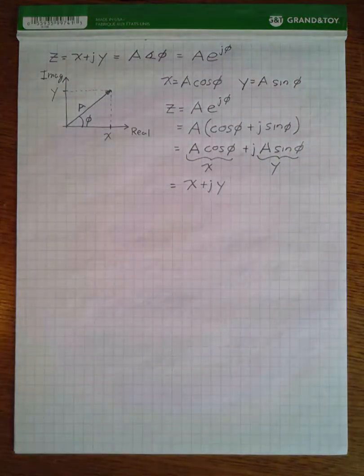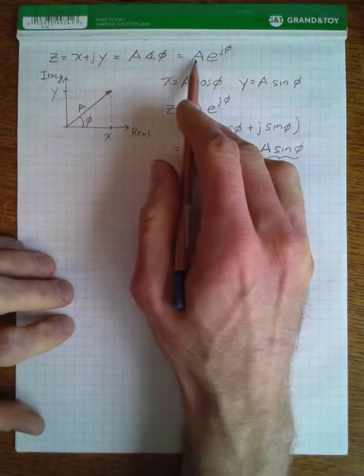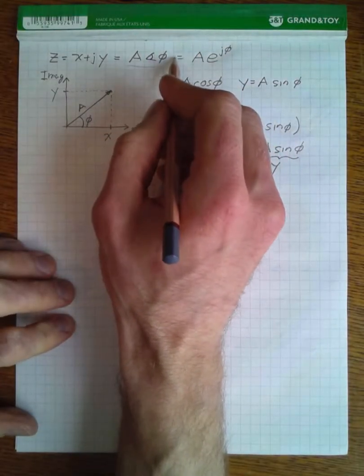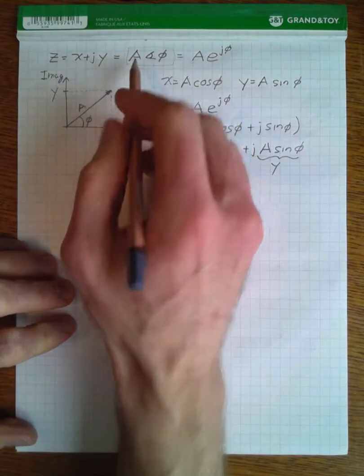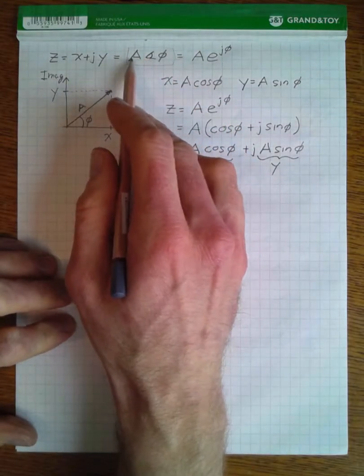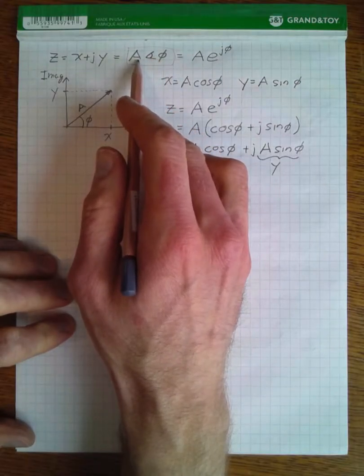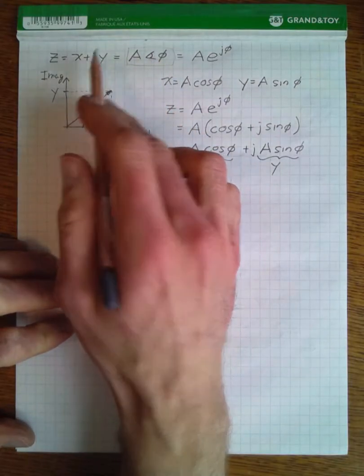And so this is why I definitely do think that it's useful to have a complex number representation where we're dealing with the amplitude and the phase. But I don't like this notation because this is just a kind of shorthand. Mathematically, this is not equal to this.